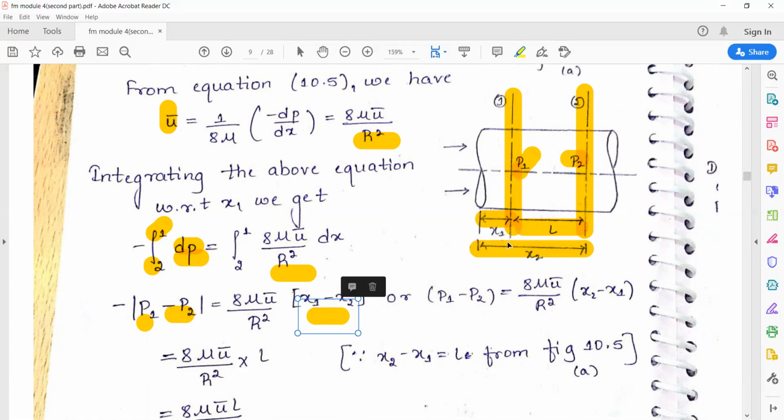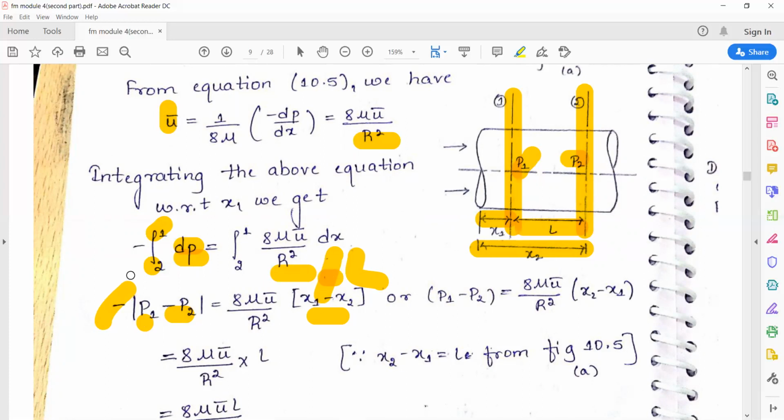All right. So actually here you can see in the diagram, x2 minus x1 is L, but x1 minus x2 is negative L. So in place of this, you can write negative L. So this negative and the left side negative get cancelled in the next step.